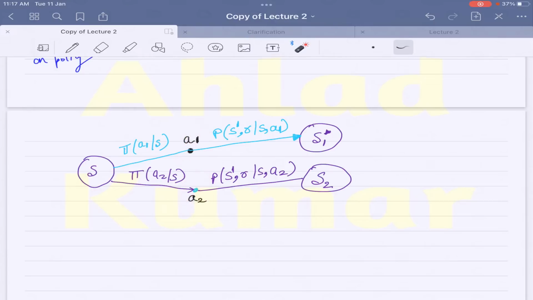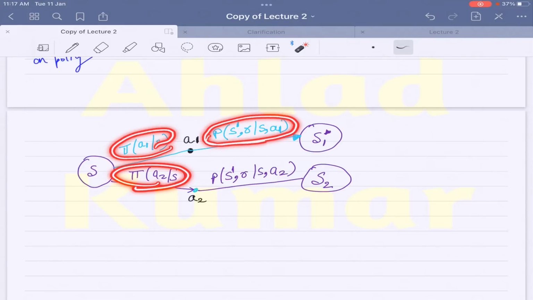So at that time you only had this probability with no actions involved here. So only this was the transition probability which was there. But now since the actions are involved, then you can easily visualize that somewhere this factor will be also playing its role in this transition probability.